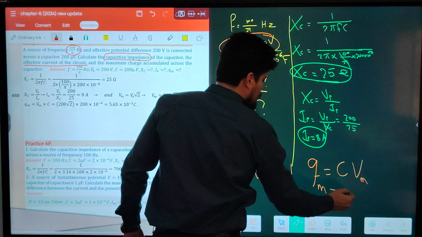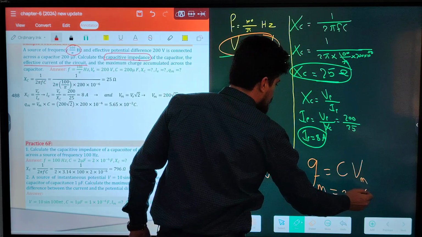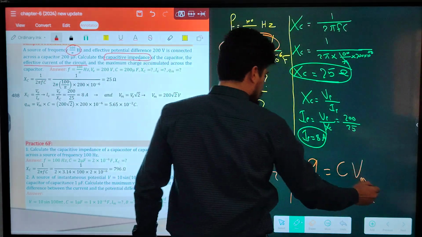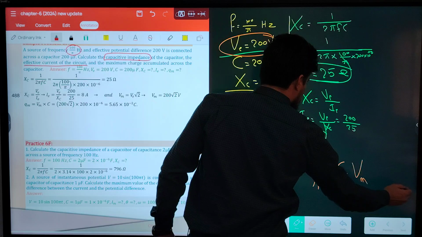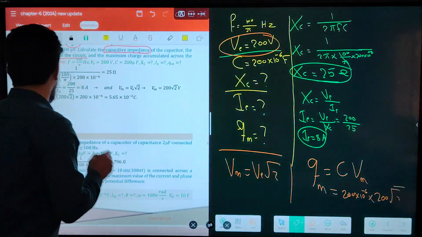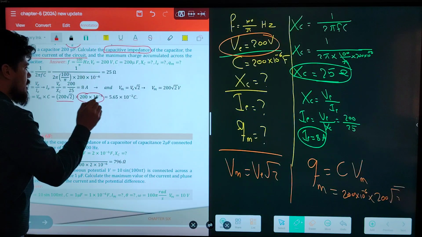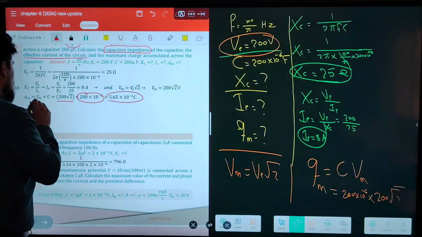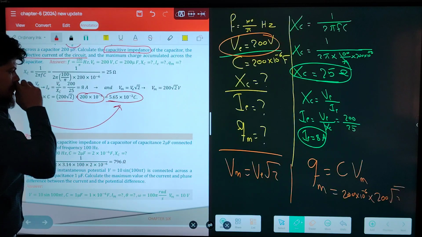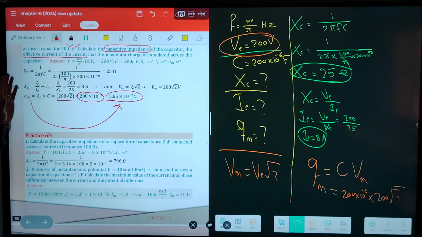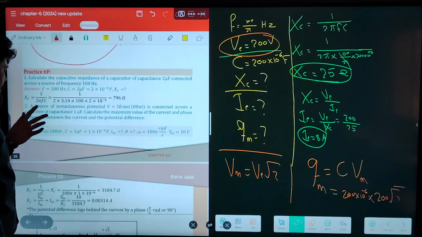Capacitance of the capacitor 200 × 10^-6 times what? Times 200 radical 2. The maximum charge is equal to 5.65 × 10^-2 coulomb. Okay?